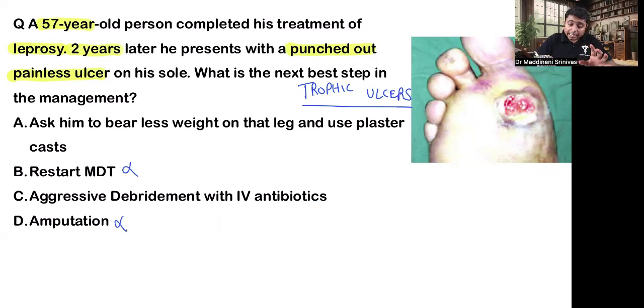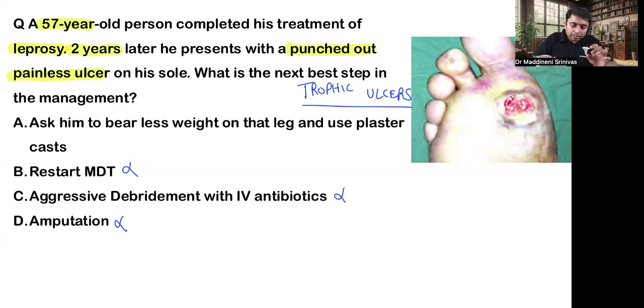And also aggressive debridement with IV antibiotics is not an option because this is not due to the infection. Okay, the trophic ulcer in leprosy is due to weight bearing areas. So when uneven pressure is seen over certain sites, the skin is going to be damaged and we are going to see the trophic ulcers.